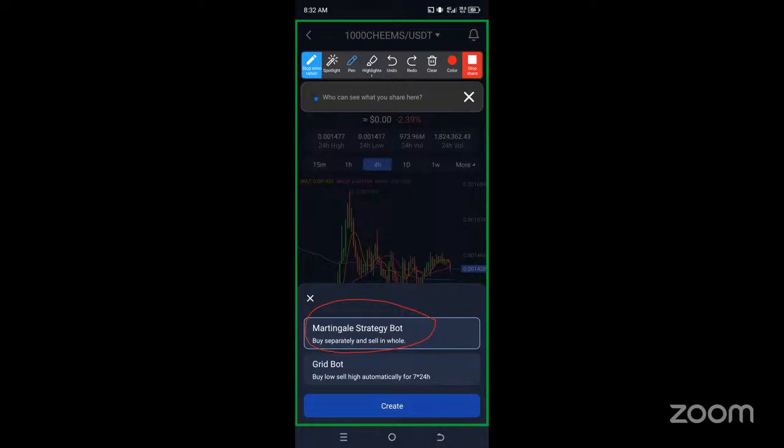But when we talk about this martingale, it can, of course, use this strategy to buy separately and sell as a whole, meaning that all the items in the form of margin calls you buy them separately, but when the market goes up, the robot sells them at once, and it comes out of the market if you have chosen the one shot, which doesn't allow the robot to buy again.